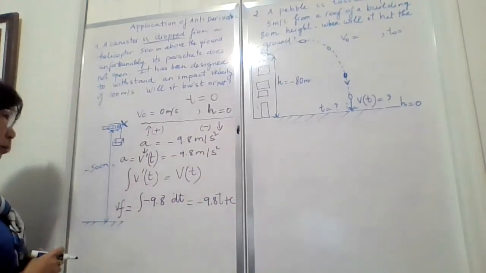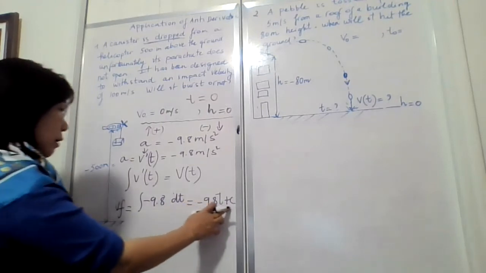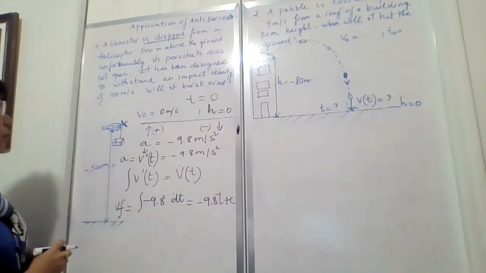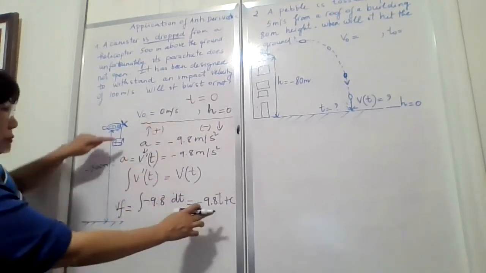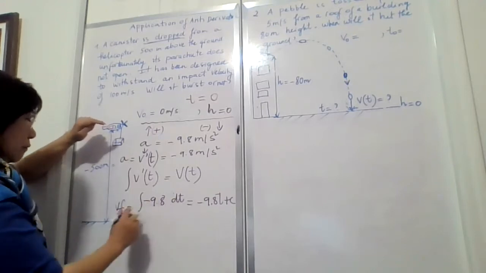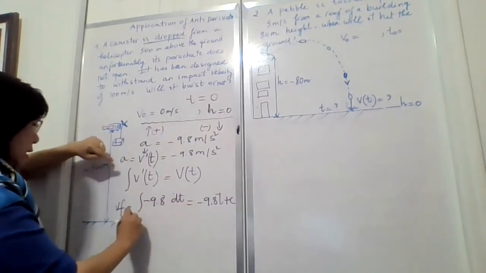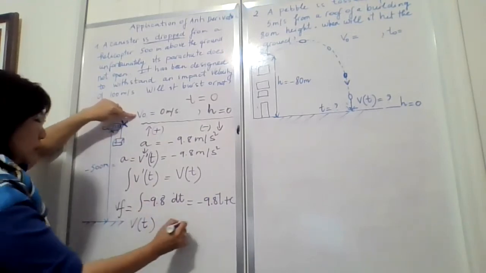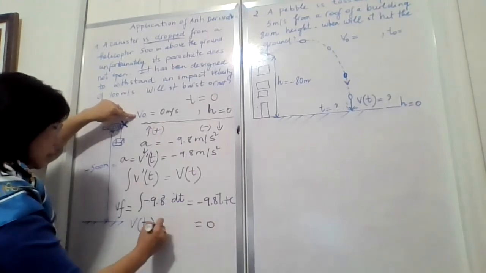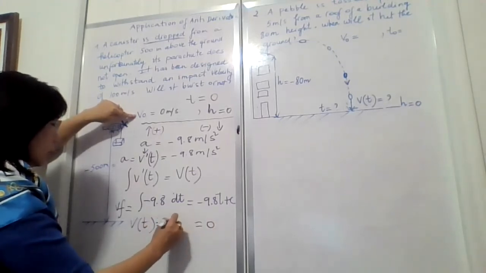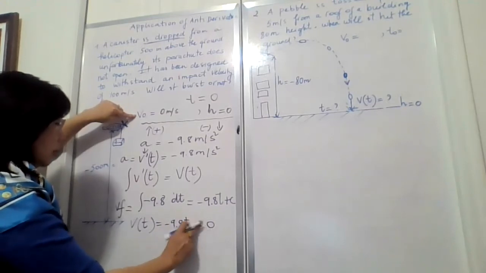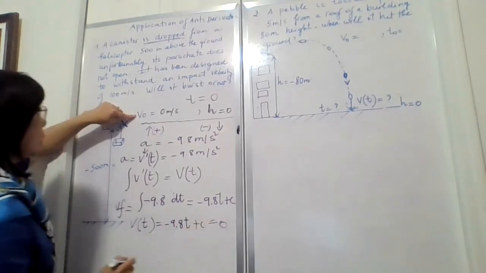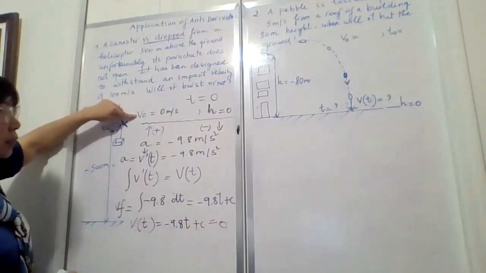Now, what else do we need to figure out? We want to figure out what c is equal to. So how do we figure out c? This is v(t), and we are given that the initial velocity equals 0. So we can set this equation equal to 0: minus 9.8 t plus c equals 0, because we know its velocity at the beginning is 0.